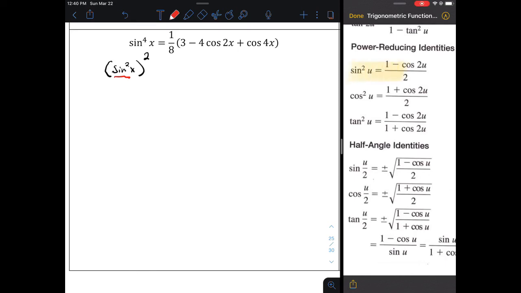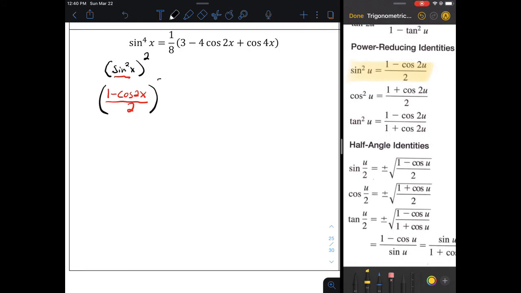Well, sine squared x can be reduced to 1 minus cosine of 2x divided by 2. Now, that whole thing is still being squared, and so I need to square that rational function on the inside.